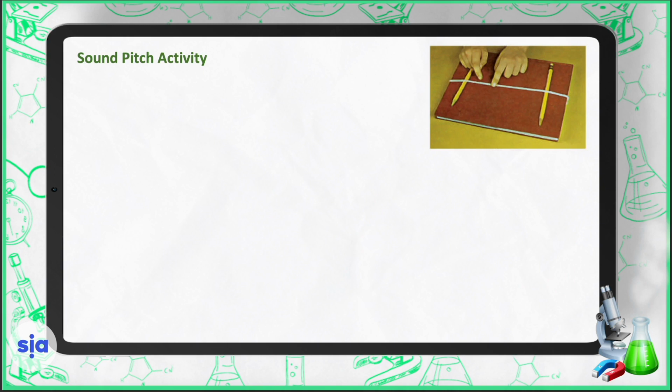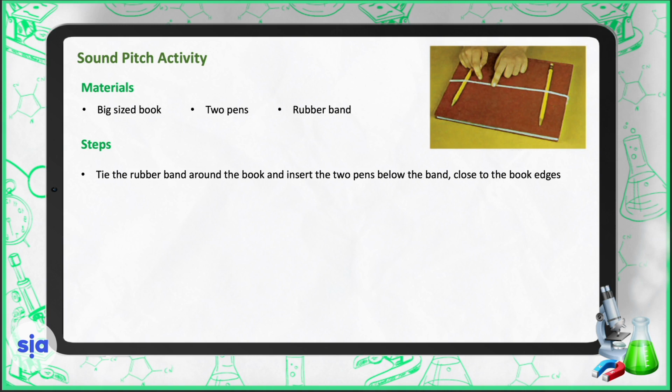Let's discuss this activity together. You can get a big-sized book, 2 pens, a rubber band, and then tie the rubber band around the book, as in the picture, and insert 2 pens below the band, close to the book edges.